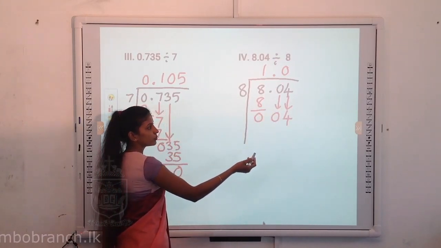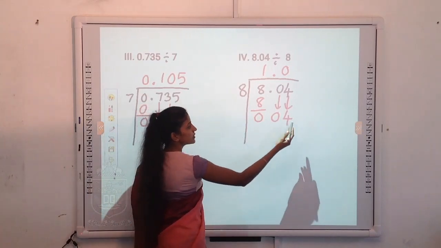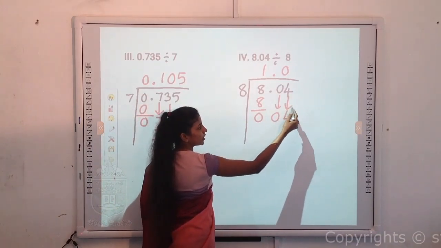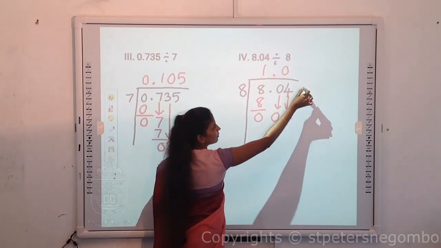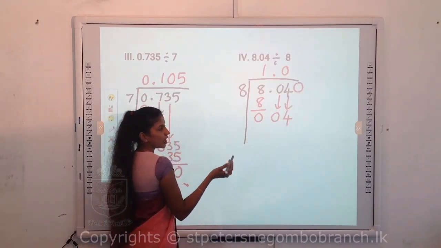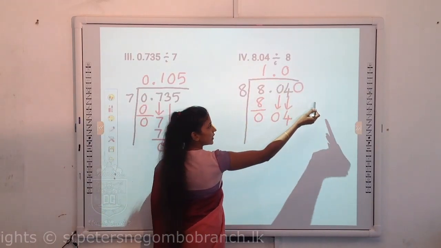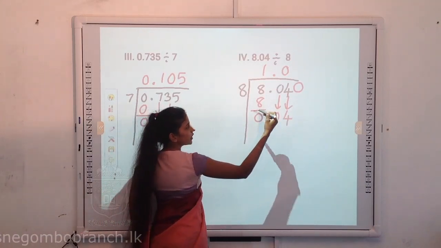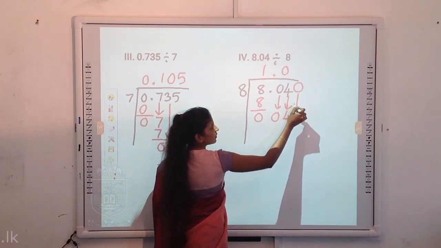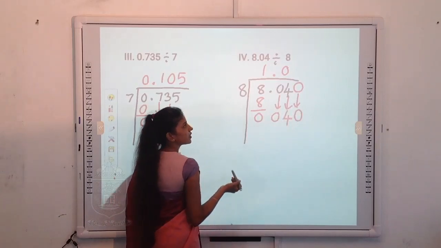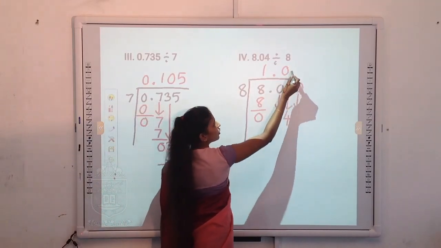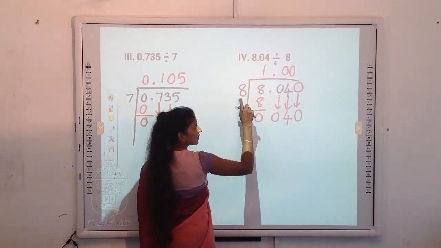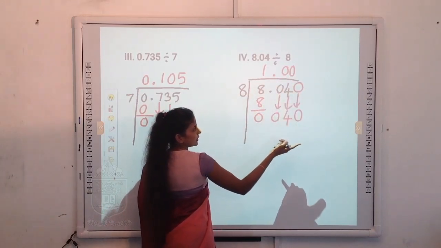So what you have to do? You can take zeros after the decimal point. If there is a remainder, you can add a remainder. After the decimal point, you can take zeros if you want. Okay, so we can take a 0. We can take the zeros and we are going to check for 40. So for 4, we don't have any 8s. 8 times 0, that is 0.